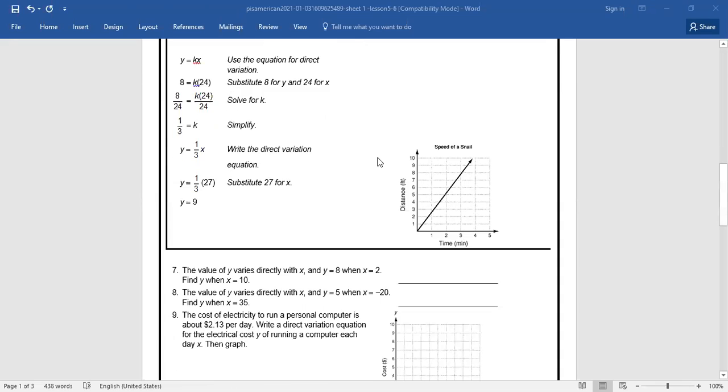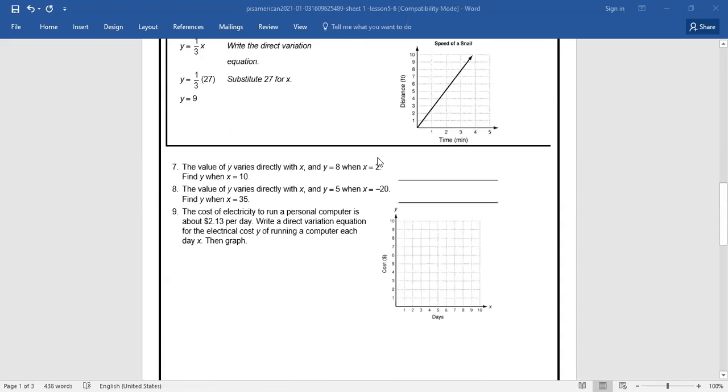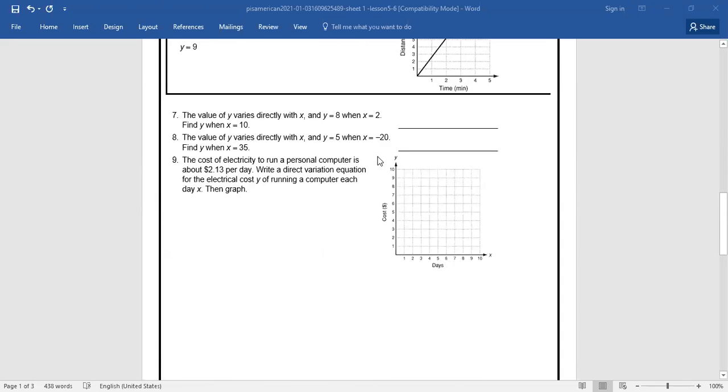So in our lesson today, we talked about direct variation. And we said, what is the meaning of direct variation, grade 9? It is a special case from what? From a linear relationship.